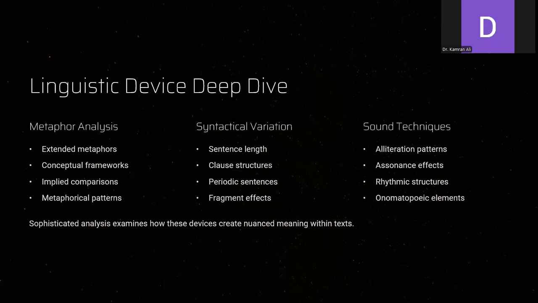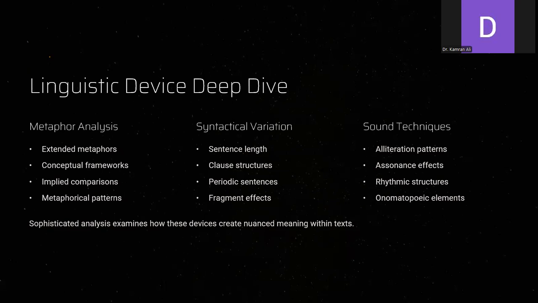Linguistic device deep dive: metaphor analysis, syntactic variation, sound techniques. Extended metaphors, conceptual frameworks, implied comparison, metaphorical patterns, and all that, right? Conceptual frameworks, if available; not necessarily does every text have a conceptual framework. Syntactical variations: sentence length, clause structure, periodic sentences, fragment effects, and all that.